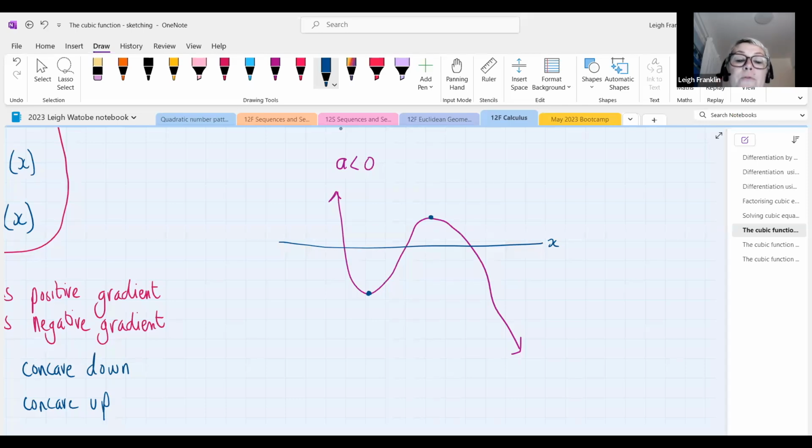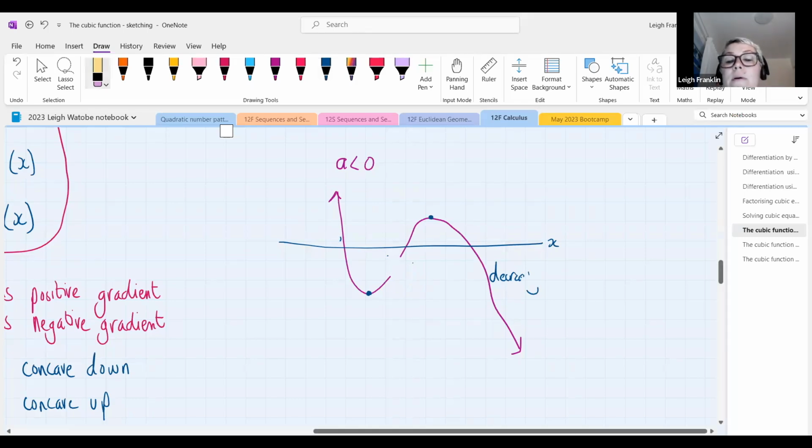To the left of the first turning point, it is decreasing. Between the turning points, it is increasing. Over here, it is decreasing. So if I wanted to, maybe what I should rather do here is use symbols.